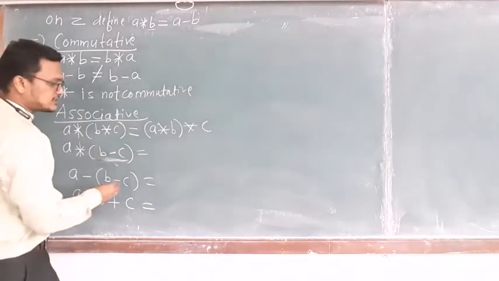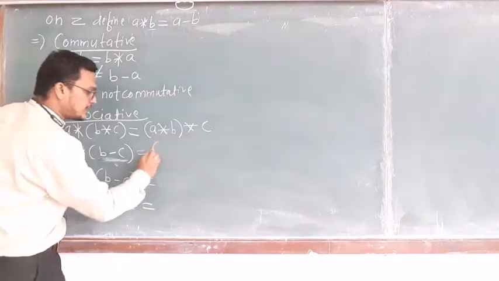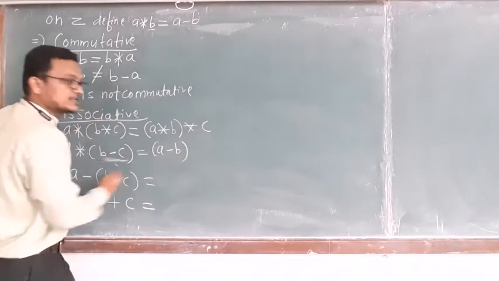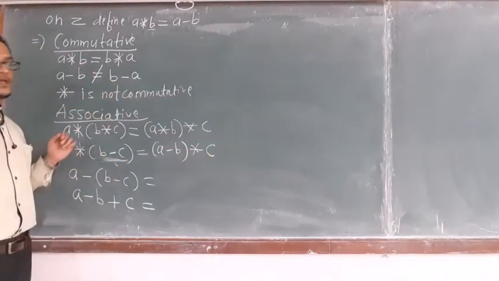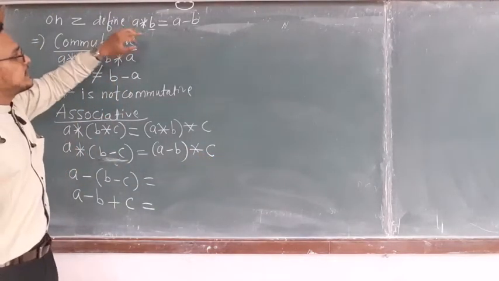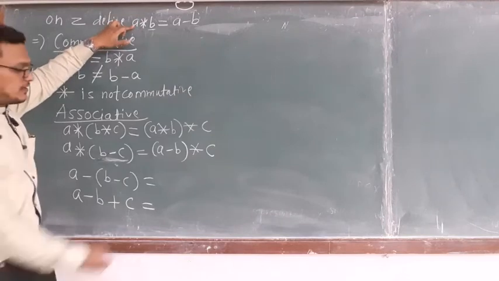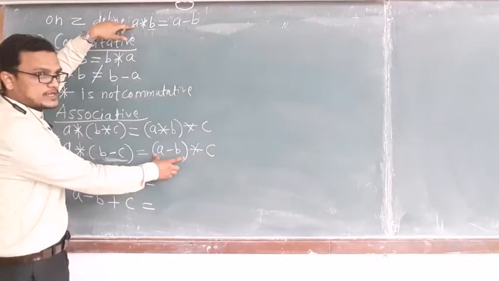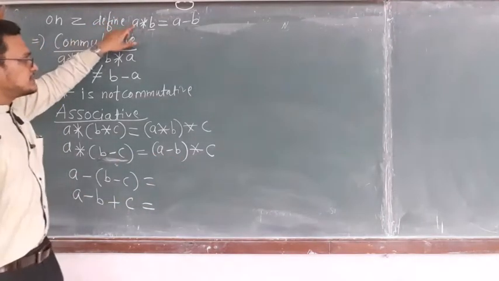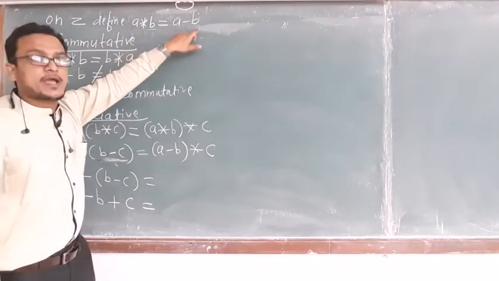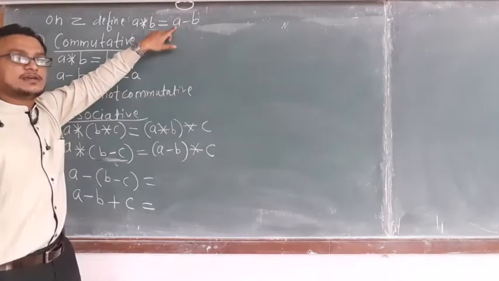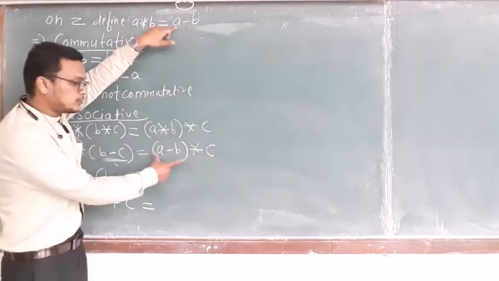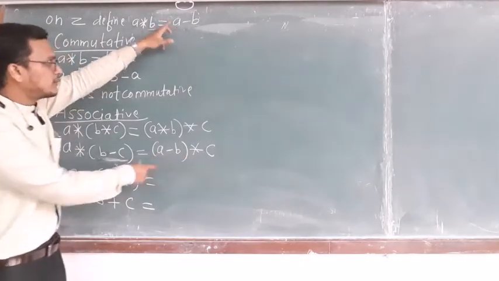Similarly, find the RHS now. What is (a star b) star c? It is (a minus b) star c. As per the definition, in the place of a we have the term a minus b.